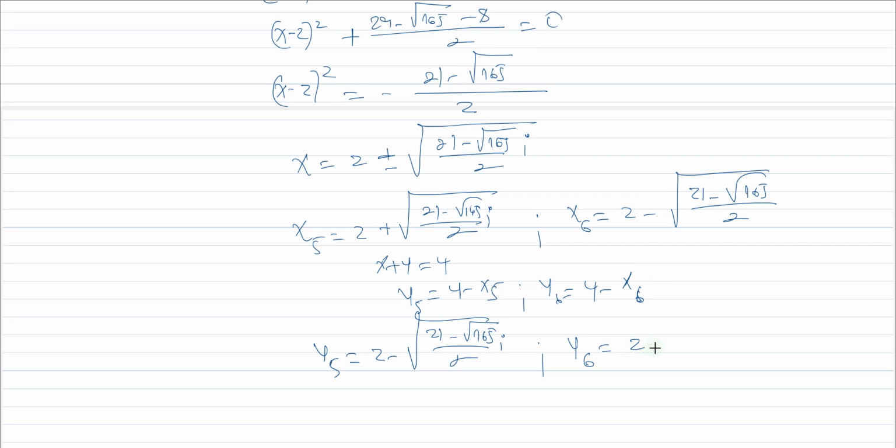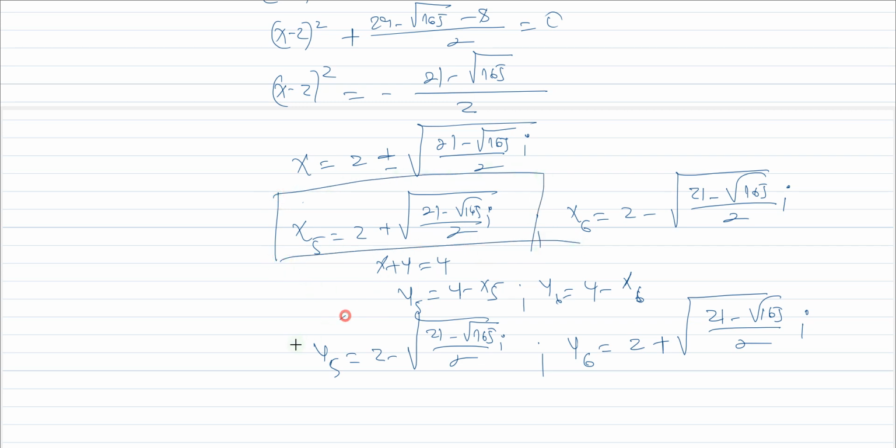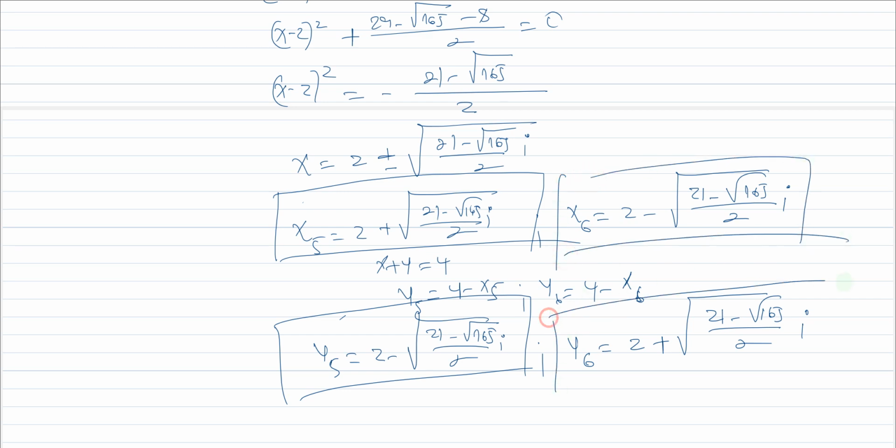We have negative here, we're going to have plus square root of 21 minus square root of 165 divided by 2i. Okay guys, so we have then x5 and y5, and then we have x6 and y6.